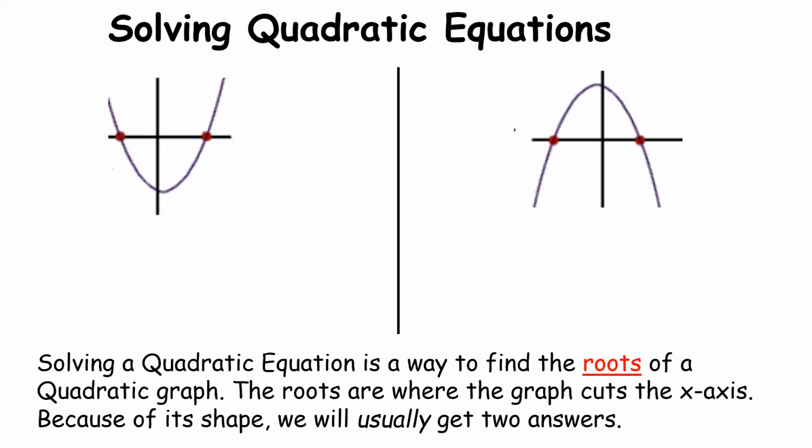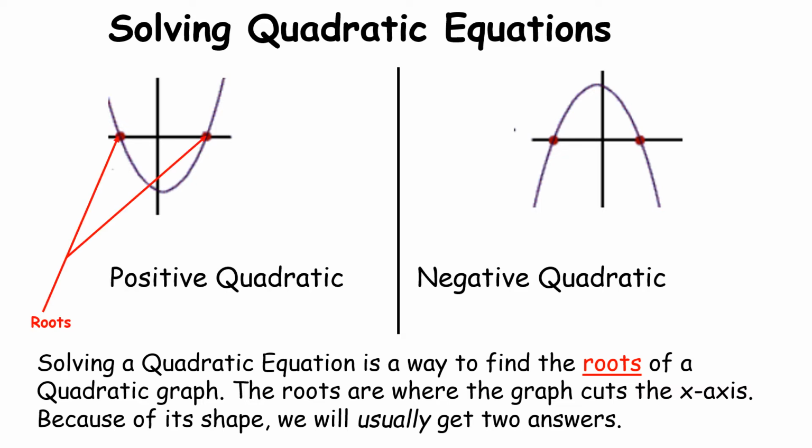Just before we jump into actually solving it, I want to talk about what solving means. Solving a quadratic equation is a way to find the roots of a quadratic graph. So here are two quadratic graphs, and the roots are where the graph cuts the x-axis. Here are the roots of the positive quadratic and here are the roots of the negative quadratic. So we're always going to be looking for the x values where that happens.